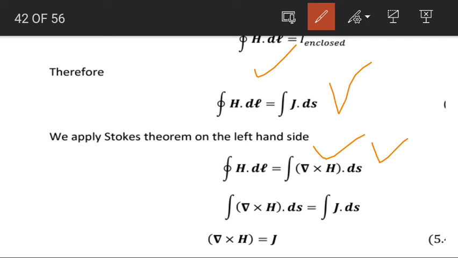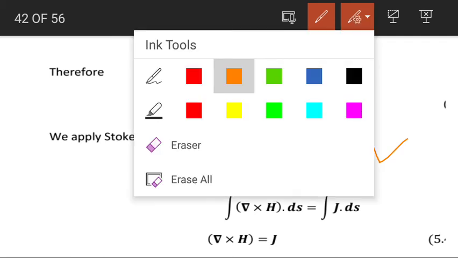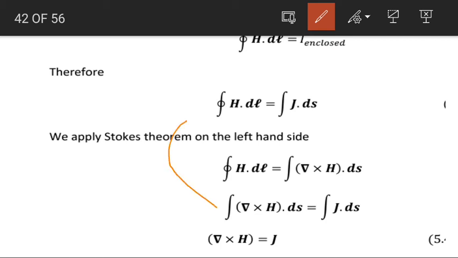So we replace this closed path integration of the magnetic field intensity by the integration of del cross H dot ds. We consider the second equation of this page, and we replace the closed path integration of the magnetic field intensity by the integration of del cross H dot ds, which is equal to the integration of J dot ds.